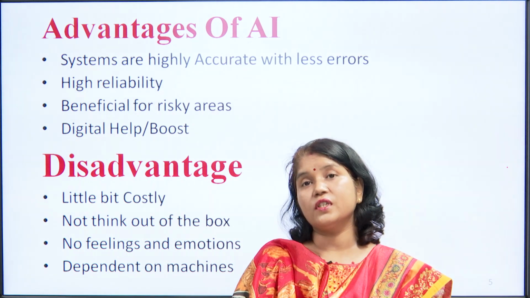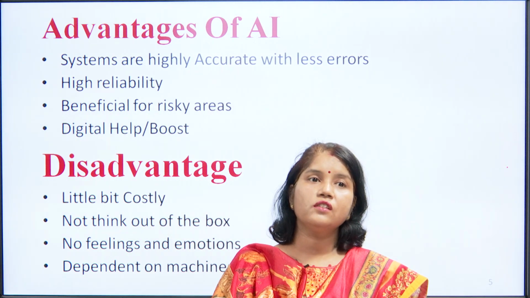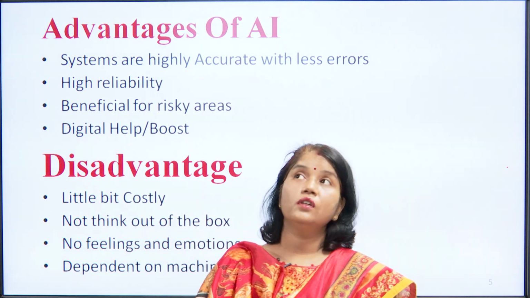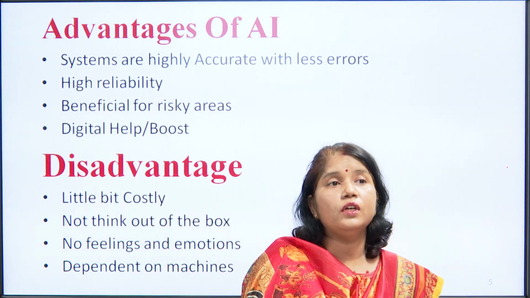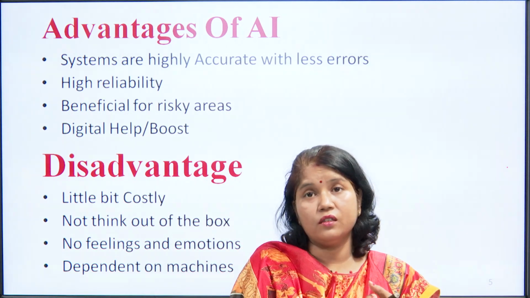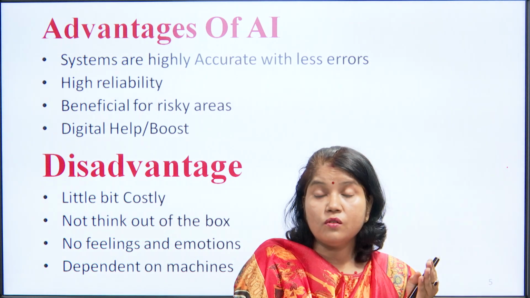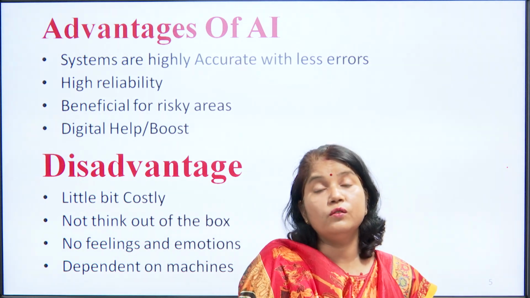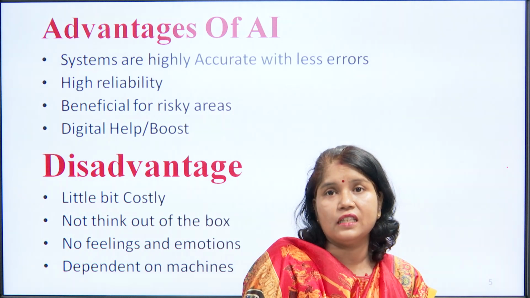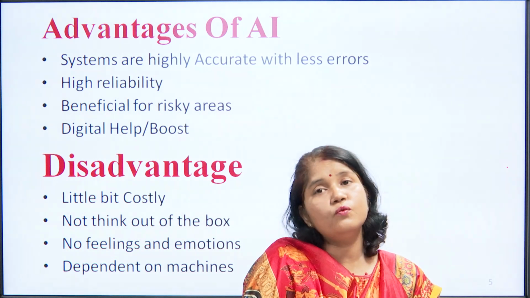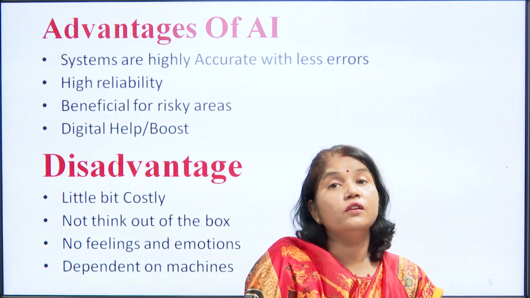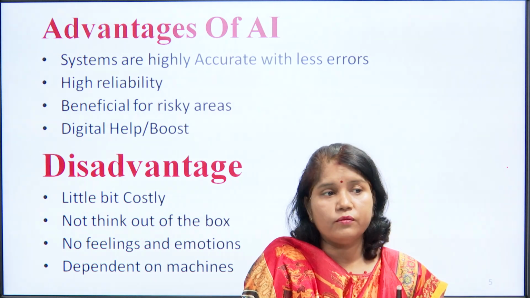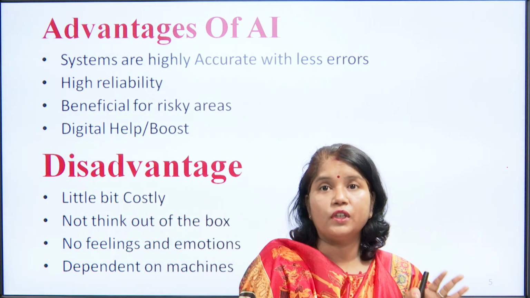If the system performs the work, obviously it is very reliable, with no other kind of disruption involved. And this is also beneficial for risky areas. Risky areas means, suppose you want to go somewhere and you are totally unaware of the situation, the role or functionality of the particular thing.